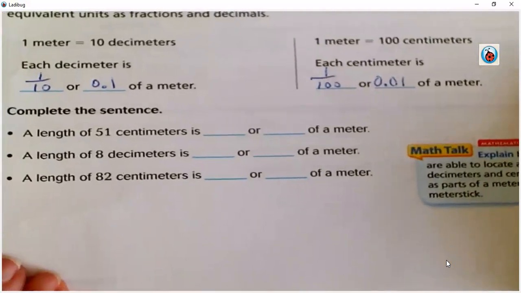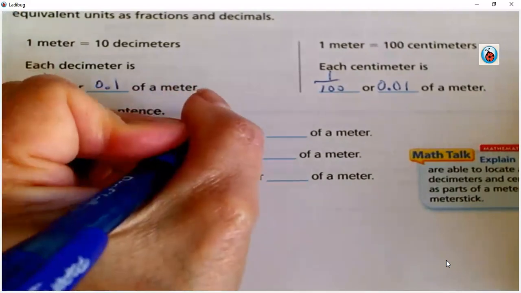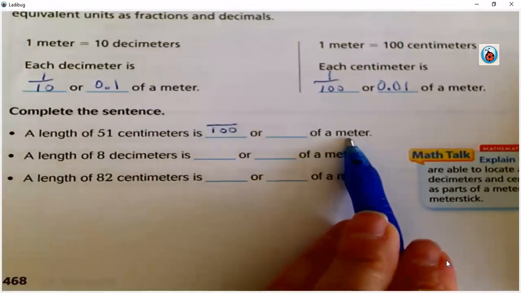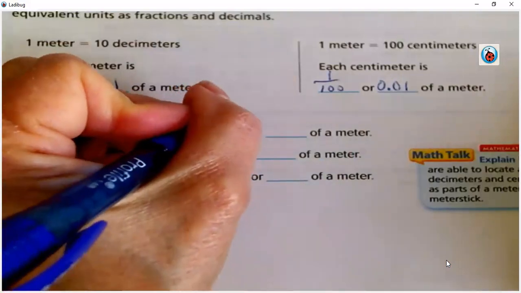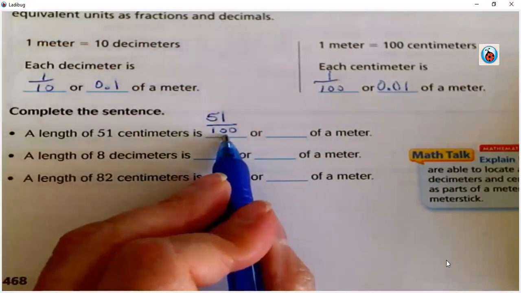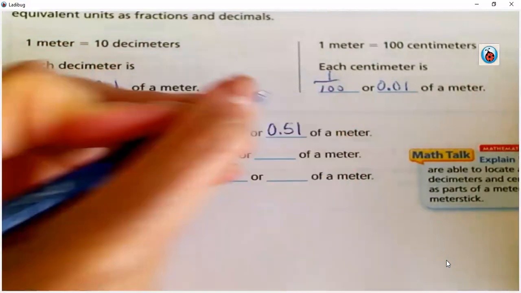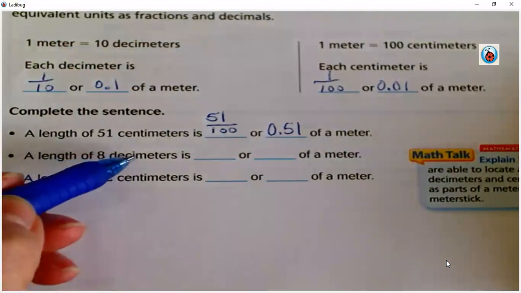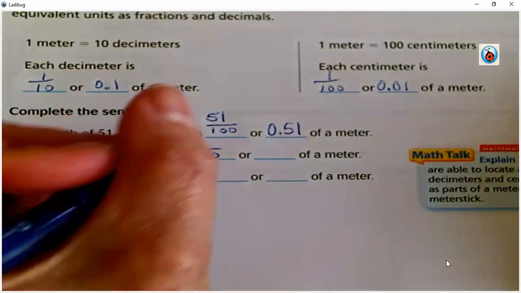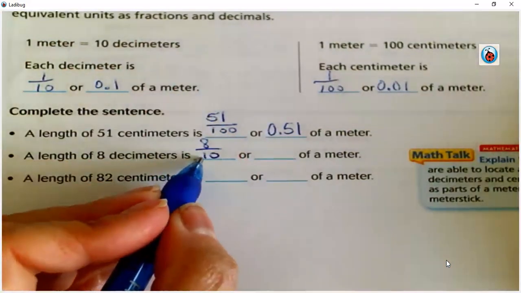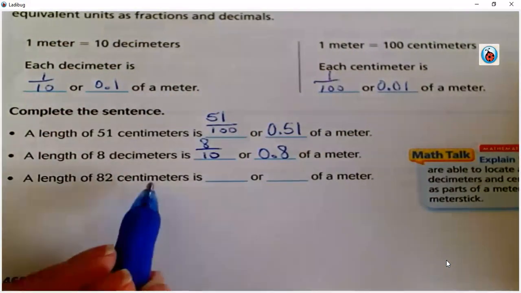Let's move on. If we have 51 centimeters, since there are 100 centimeters in a meter, our denominator is 100. And now we're talking about 51 out of the 100. So 51 hundredths, or of course, as a decimal, there we go. 8 decimeters. Well, there are 10 decimeters, so my denominator is going to be 10. 8 tenths of a meter, and as a decimal, we would write it like that. 82 centimeters.